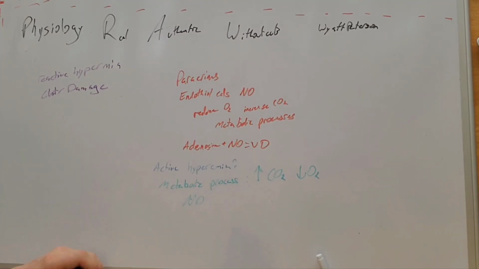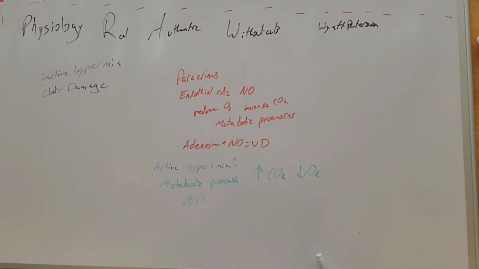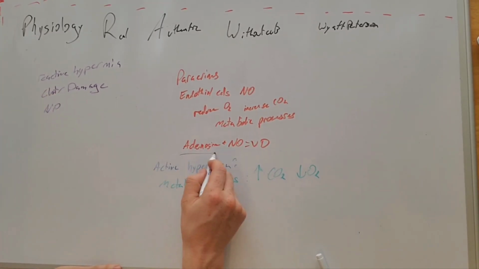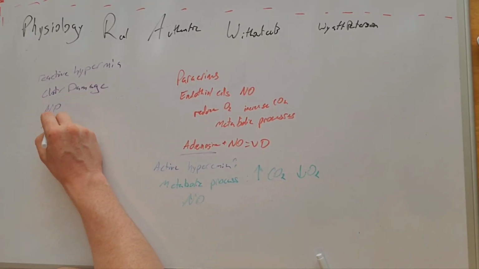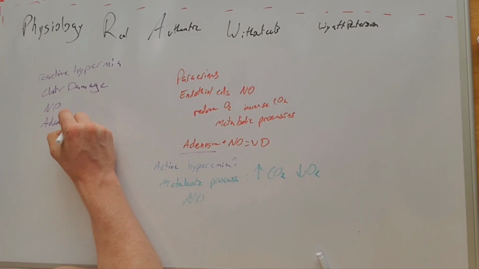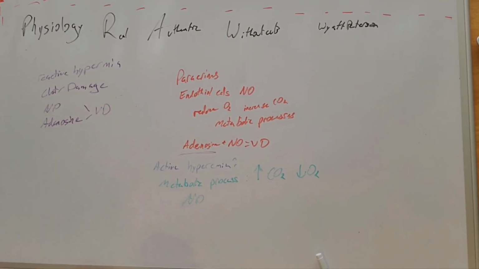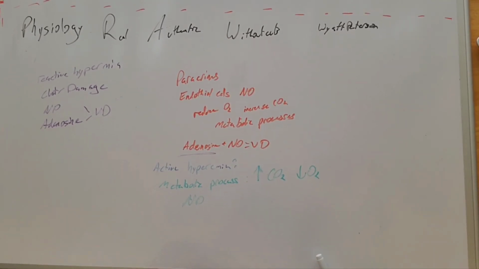So blood flow stops going to a certain area, and the endothelial cells will start releasing some nitric oxide, but then that more potent adenosine. And so both of these will cause crazy vasodilation.